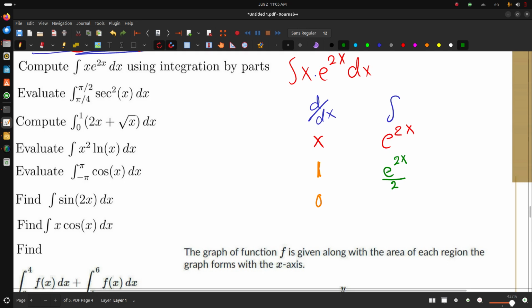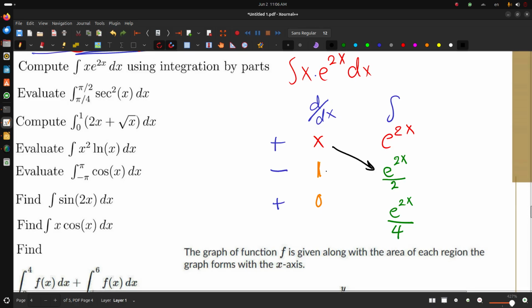Okay, let's do it one more time. We need to get the integration of this function. The integration of e power 2x is the same, and of course 2 in the denominator, but we multiply it one more time by the derivative of the power, so it will be 2 times 2, which is 4. Okay, what is the next step? We will put our signs, positive, negative, positive, and then we will find the answer.